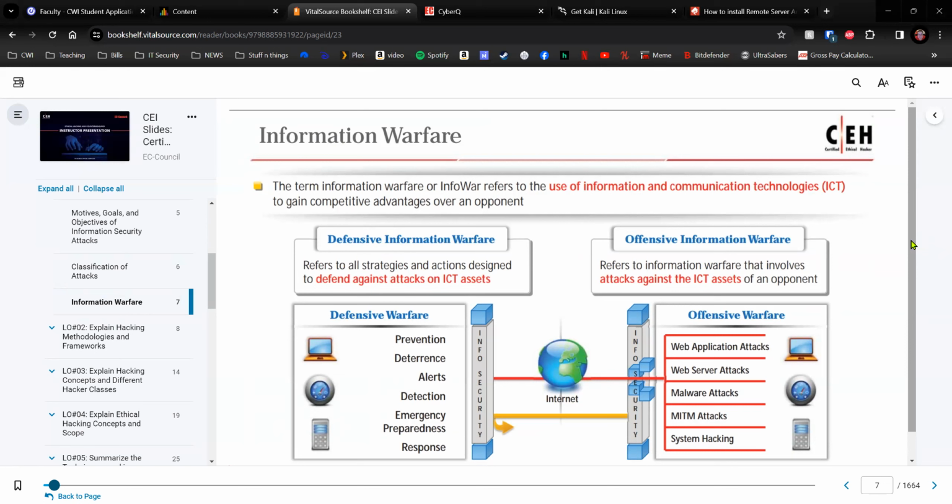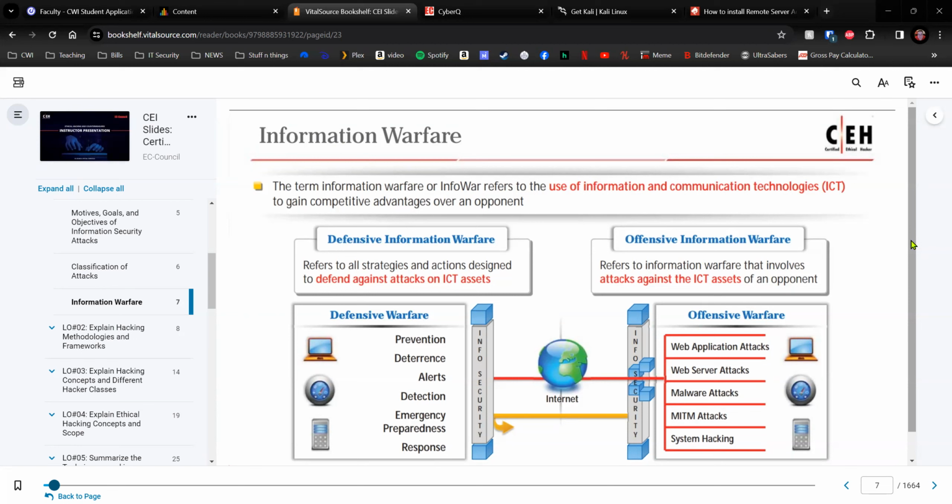Okay, information warfare. This is the term that refers to the use of information and communication technologies to gain competitive advantages over an opponent. It's listed as warfare, so you usually see this done between governments. Defensive information warfare refers to all strategies and actions designed to defend against attacks on ICT assets.